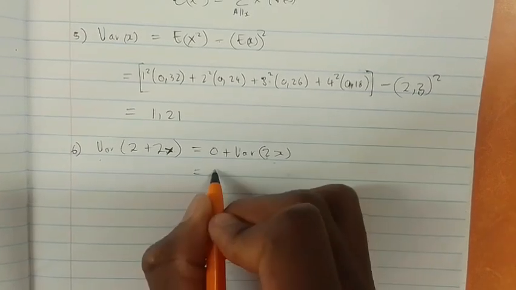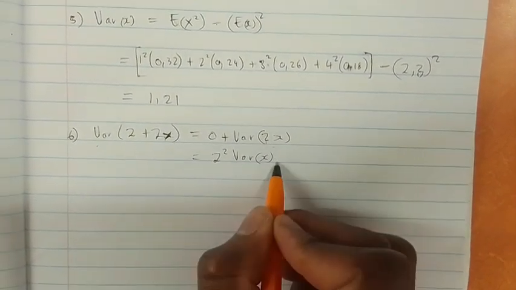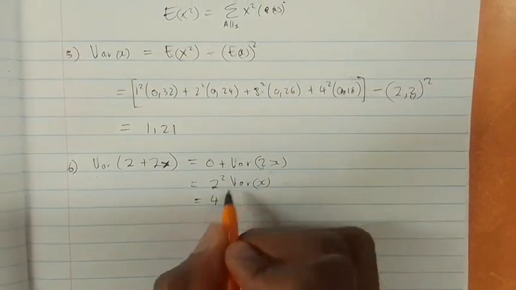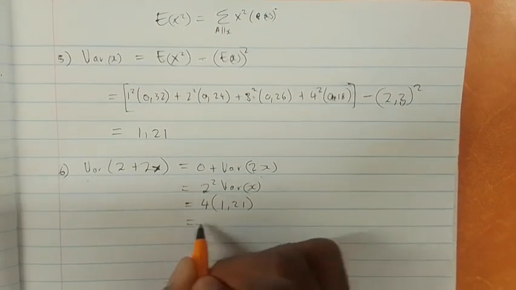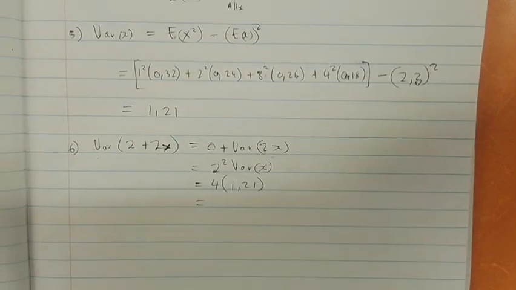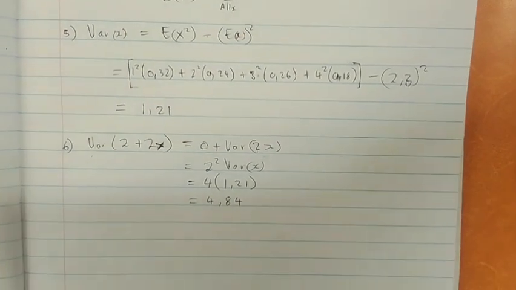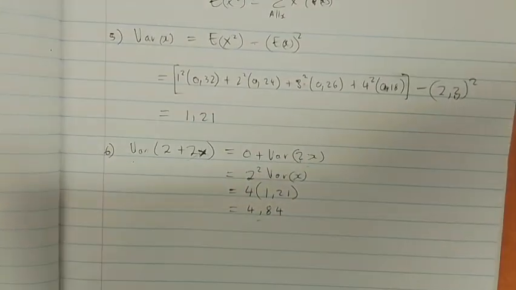Now let's square the constant, 2 squared times the variance of x. And this one here, you just calculated it to be 1.21. Now 2 squared is 4, multiplied by the variance 1.21. And when you plug it in a calculator, it must give you 4.84. So this is the variance of this linear function that they give you here. This will be the answer.